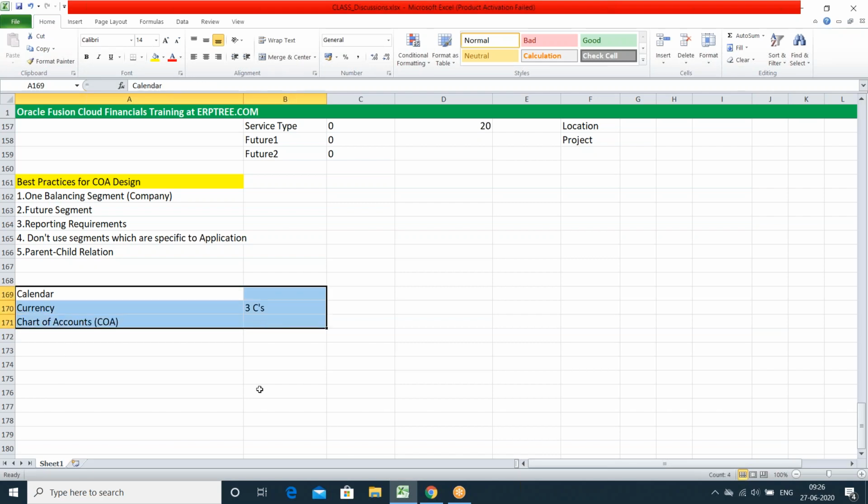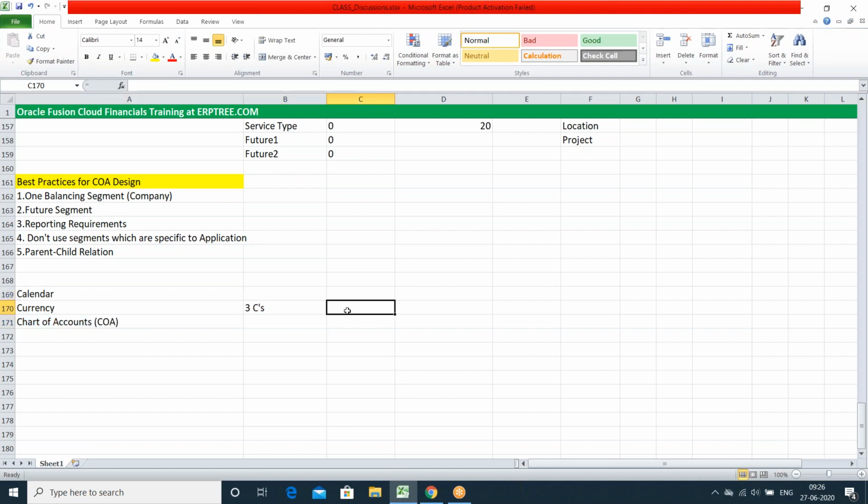If these 3 C's are ready in the system, you can create the transactions in the GL application.